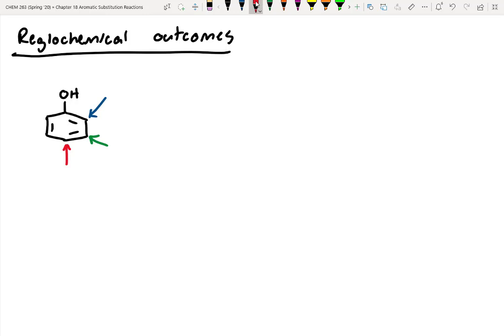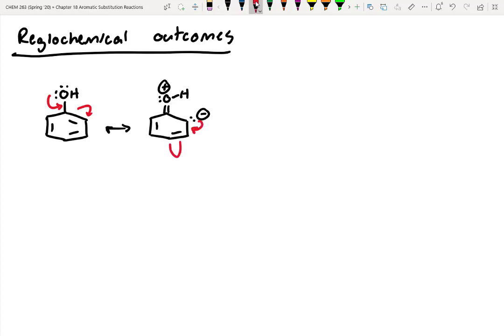Well, let's try to predict, right? In this case, it makes sense if we think about this using resonance. So I'm going to erase these arrows, and let's draw all the resonance structures we can. I can show resonance where I delocalize a lone pair over to that carbon, resulting in a positive charge on the oxygen above. And then I can keep on pushing this lone pair all the way to the bottom carbon.